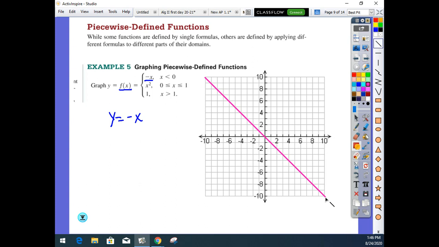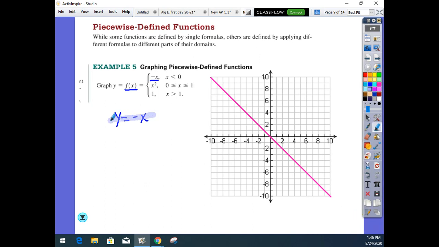This is the entire equation. I only want this equation, though, for where x is less than 0. This portion talks about what part of the x-axis you will use of the entire thing. So where is x less than 0 is right here.